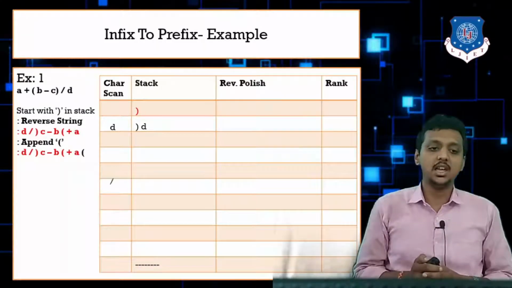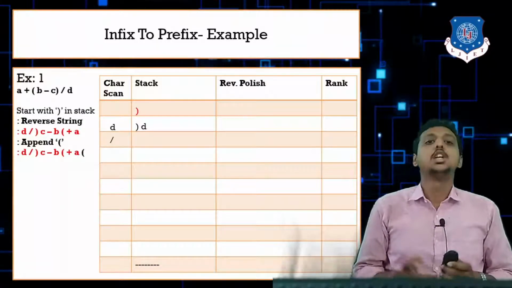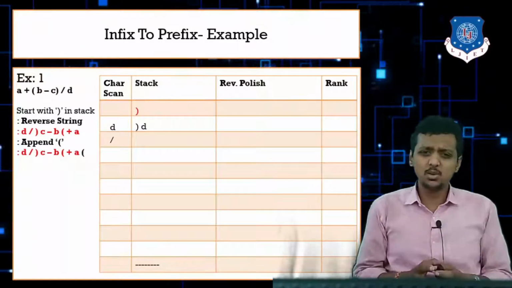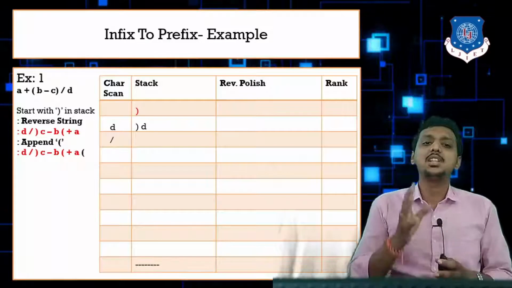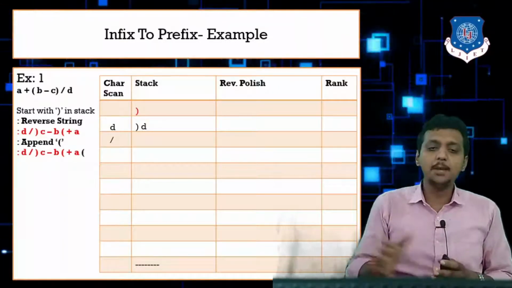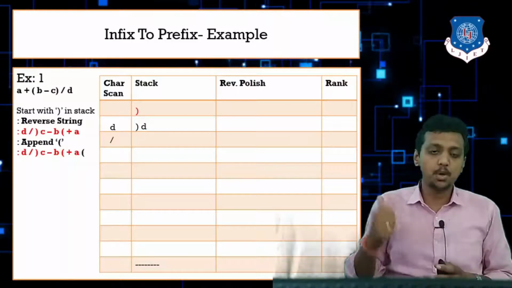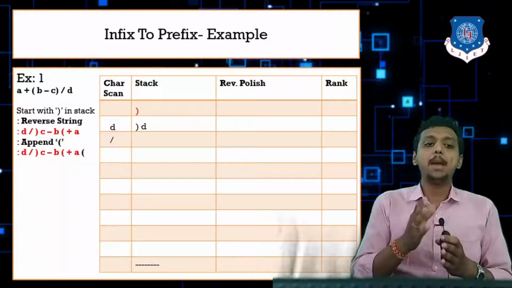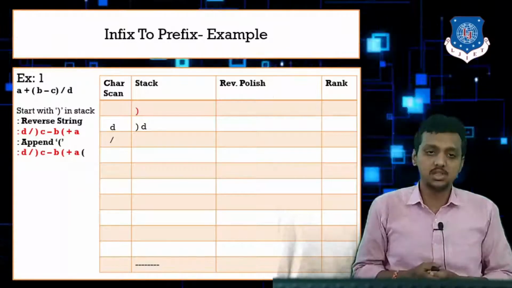Now next we have division. First we need to compare division with d. Students, what happens over here? The precedence of the division is lesser than d, so d will be popped out and pushed inside the reverse polish. Then compare the division precedence with the closing one.